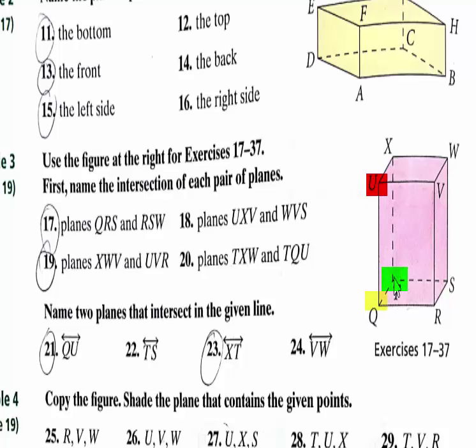You could say it's the intersection of plane UQT, and then the front of the box we can say is QUV. So it's the intersection of the first one that I said, plane UQT, and the second one that I said, plane QUV. And you could have named them a number of different ways. We'll talk more.